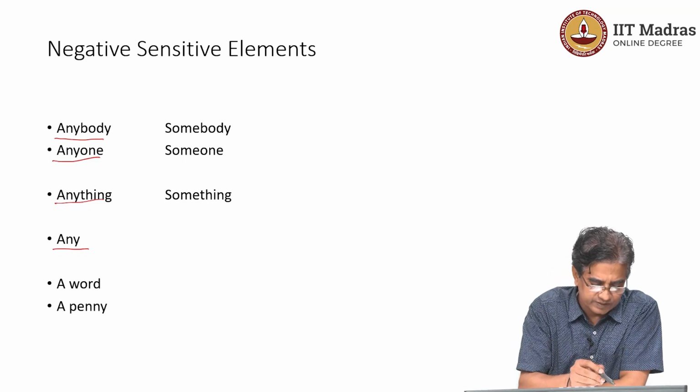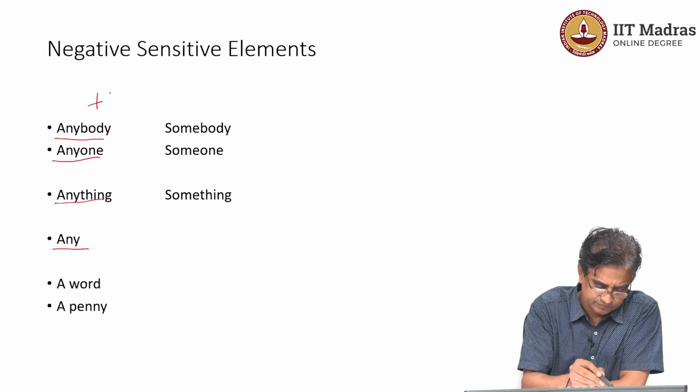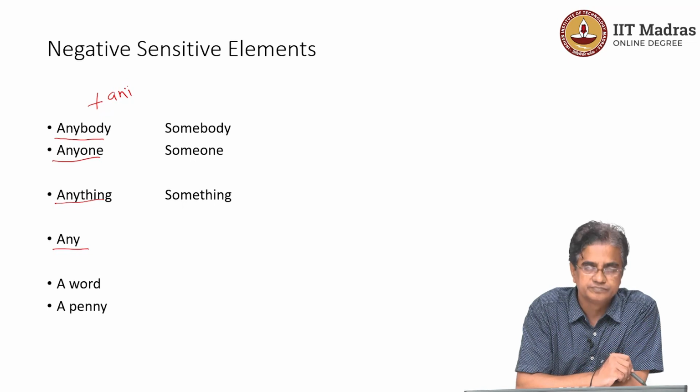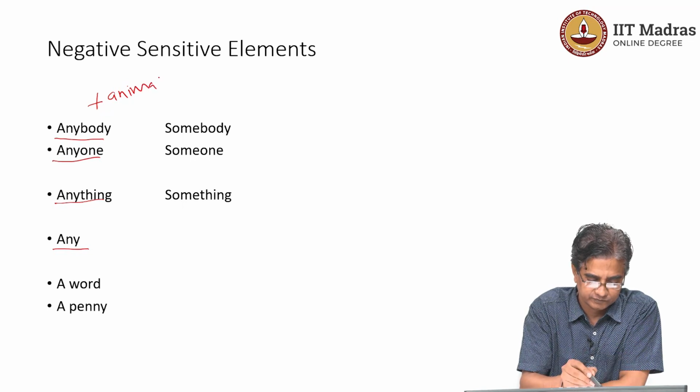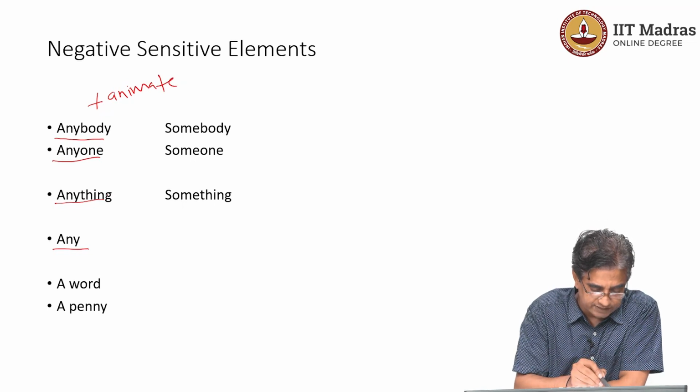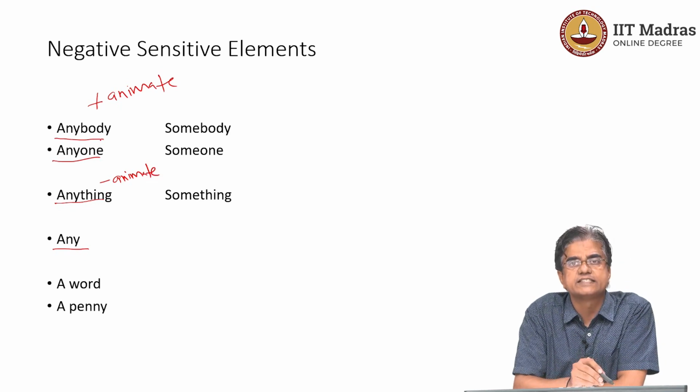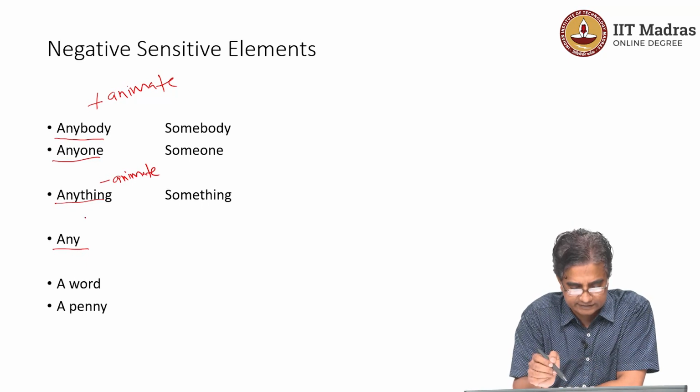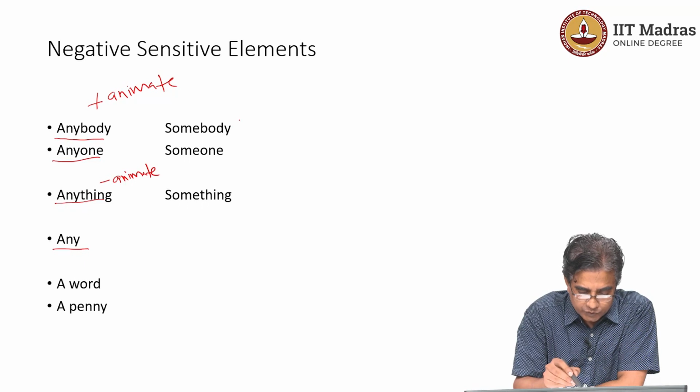So, when we say anybody or anyone, it is plus animate, or when we say anything, it is minus animate. Plus animate means it is used for living things, minus animate means it is used for non-living things.